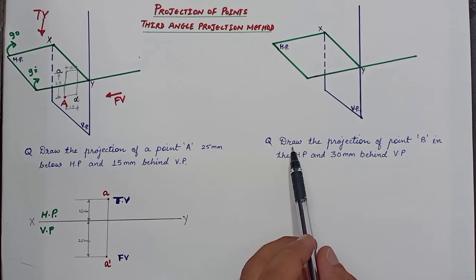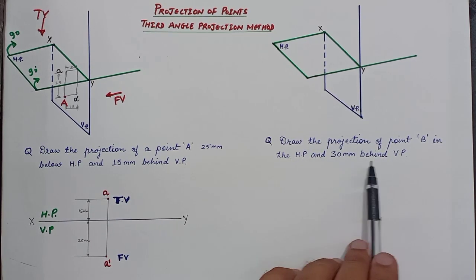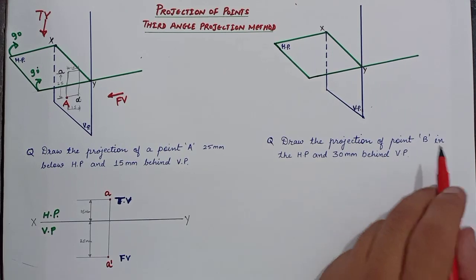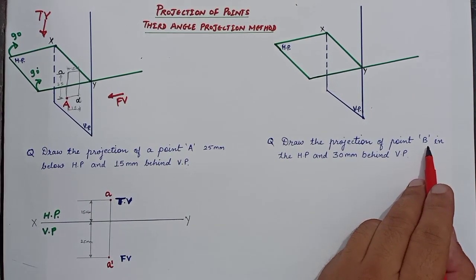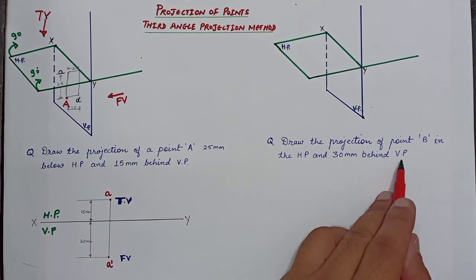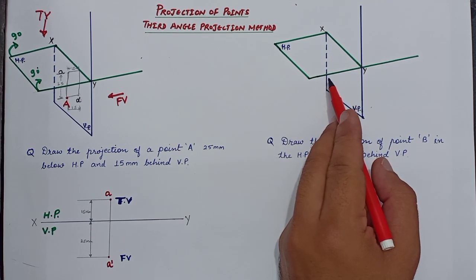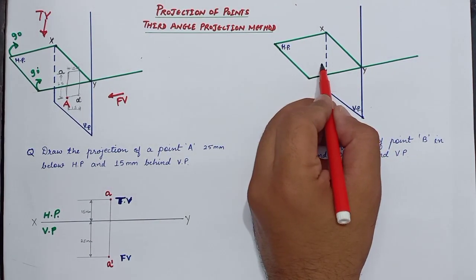Next question: draw the projection of point B in the HP and 30 mm behind VP. So let's place this point B between HP and VP such that it is on the HP and 30 mm behind VP. So behind the vertical plane we can place it 30 mm. So let us place a point B somewhere here.